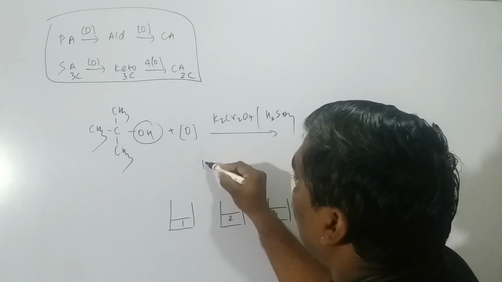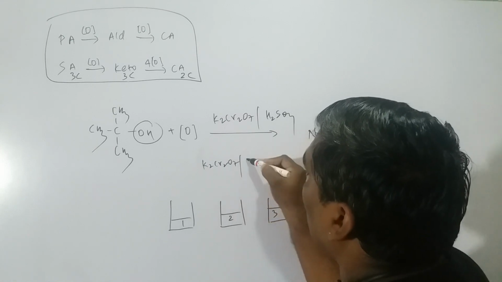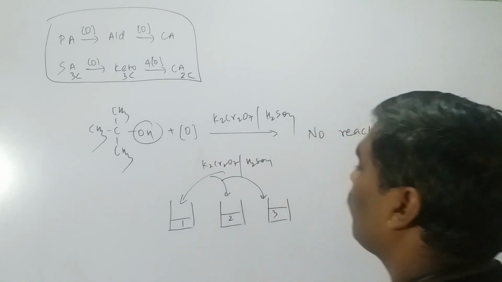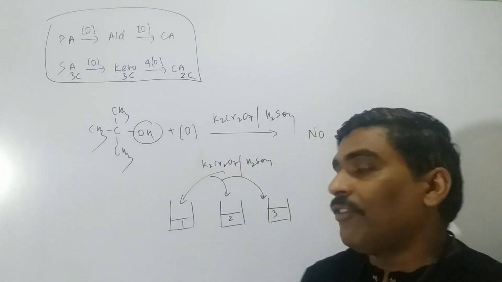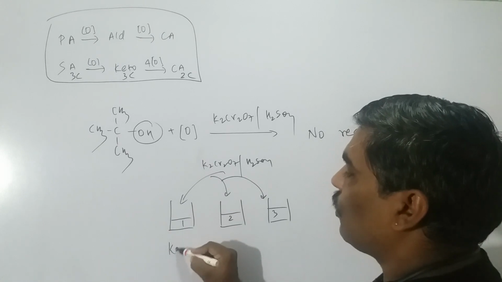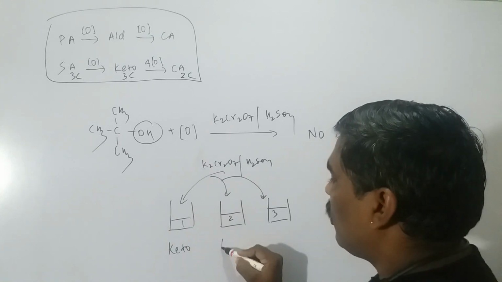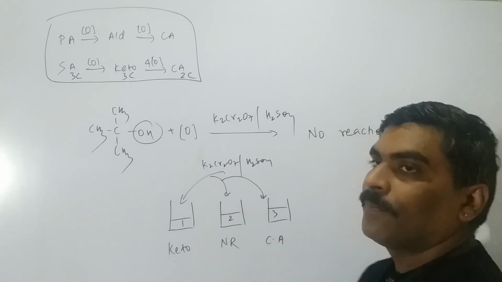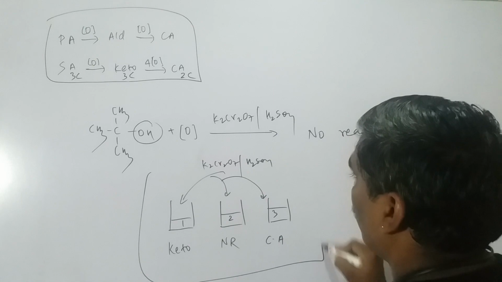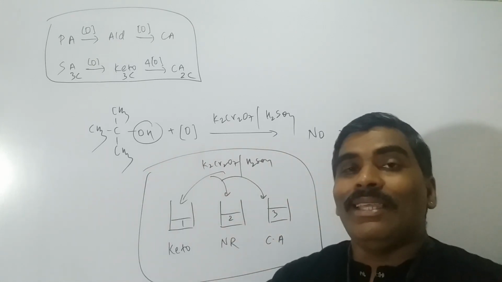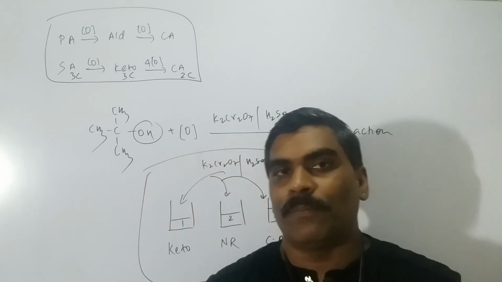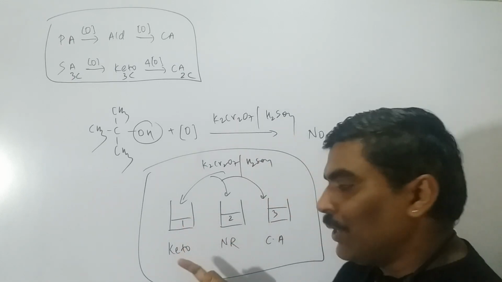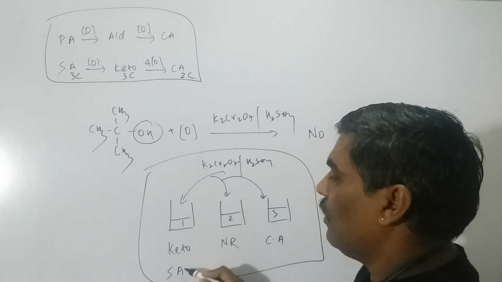Now when potassium dichromate and sulfuric acid are added to all 3, suppose you got ketone here, no reaction in this one, and carboxylic acid here. Now it becomes easy to answer: the alcohol which gives ketone is secondary alcohol.